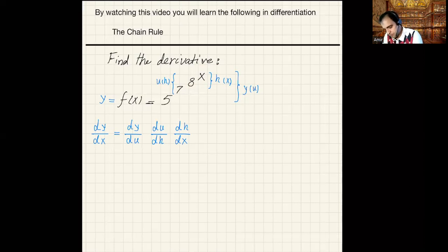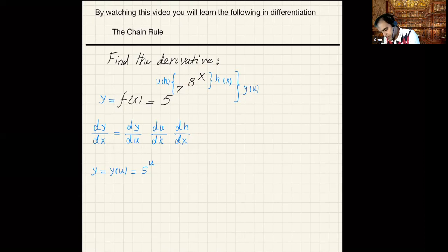Okay, we can now proceed with this simplification. y is actually a function of u, which is 5 to the power of u. 5 to the power of u is a general exponential function. So the relation for the derivative of this is something like this.